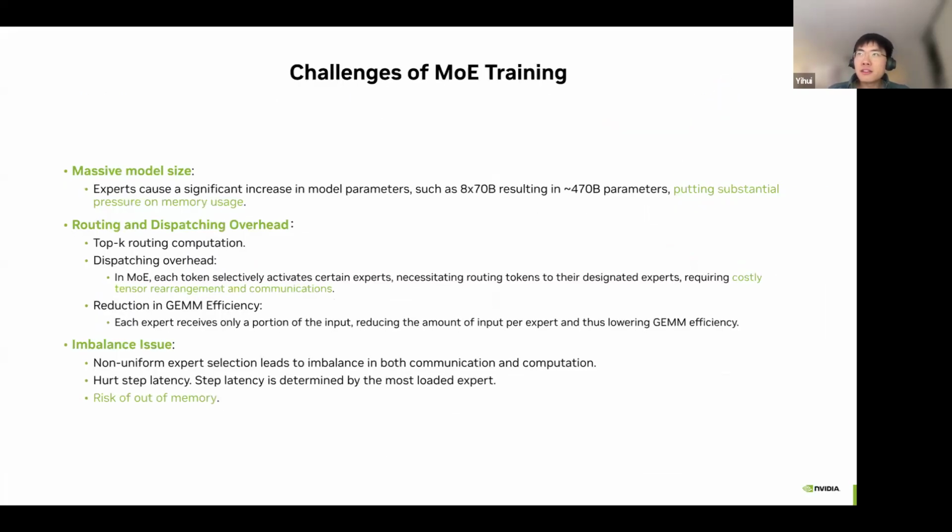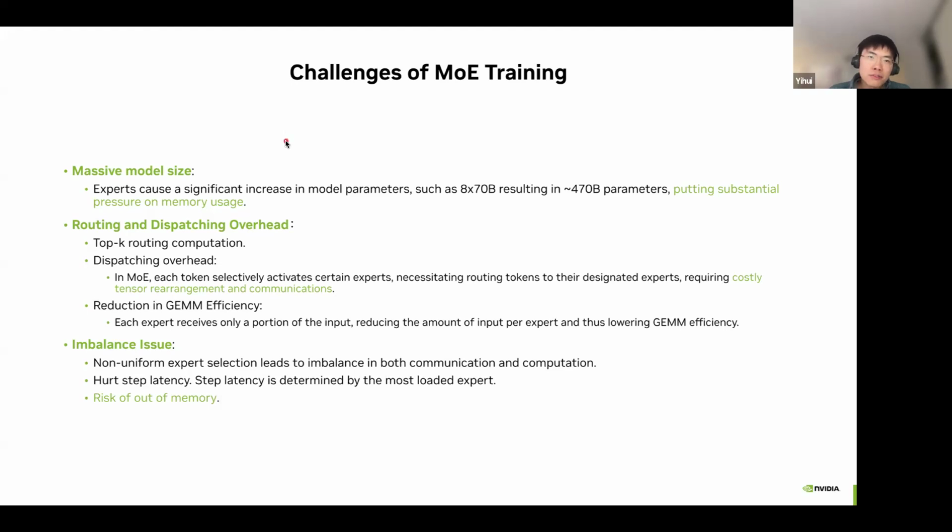So scaling these MoE during training is very challenging. First, the models are of massive scale. For example, Mixtral 8x7B increases the model parameters roughly by 6x or 7x. This puts substantial pressure on the memory usage. And the router dispatching also has overhead.